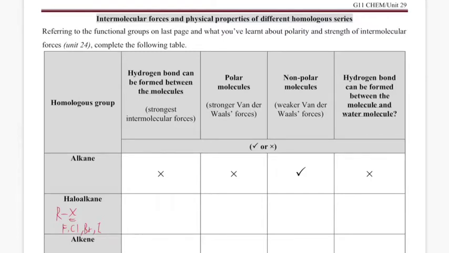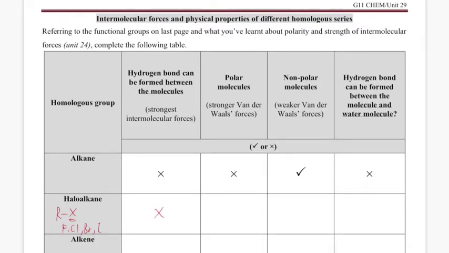But for the first one, can hydrogen bond be formed between the molecules themselves? The answer is no, because we only have fluorine, which has a lone pair on it, but we don't have any hydrogen attached to this most electronegative atom. So no hydrogen bond can be formed between the molecules.